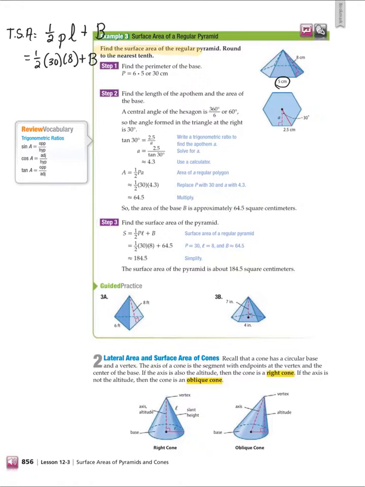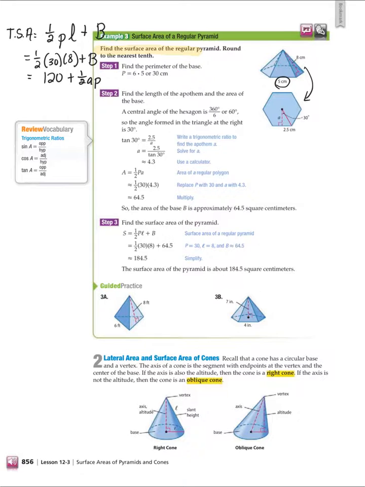So immediately we have our lateral area, which is 120. But our base is a regular hexagon, so we need 1/2 AP to find that, and we need the apothem and the perimeter. Now what they have done from this drawing to this drawing is they just pulled off the base so you could see what was going on.